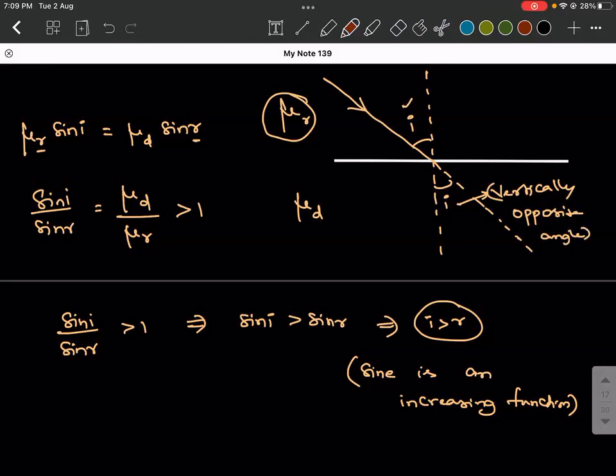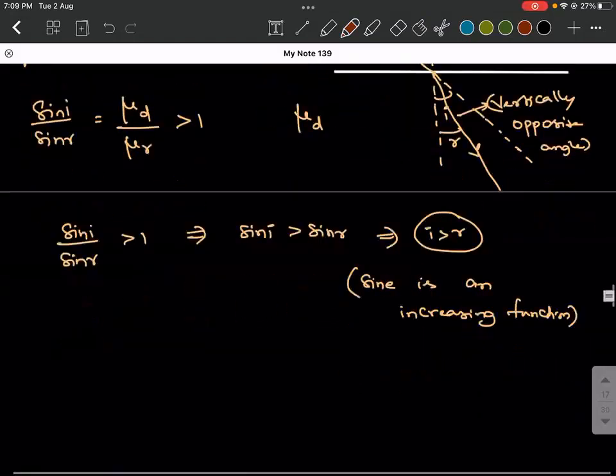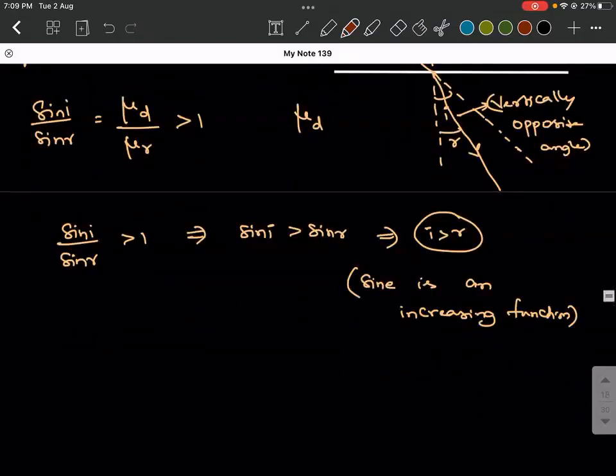If i is greater than r, then the refracted ray should be in such a way that it is between the actual path and the normal, so that r is less than i. That is the reason why it starts bending towards the normal. So going forward, when we say bending towards the normal, it is always a clockwise turn. So whenever we say bending towards the normal, remember with respect to the actual path, it should take a clockwise turn.